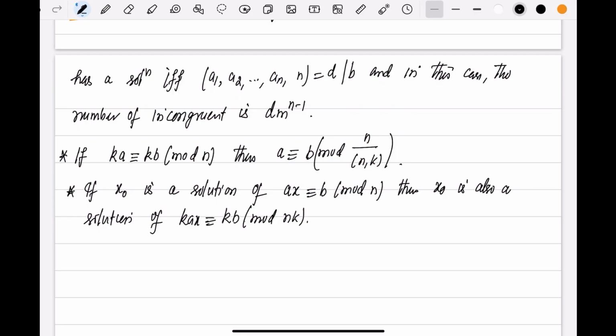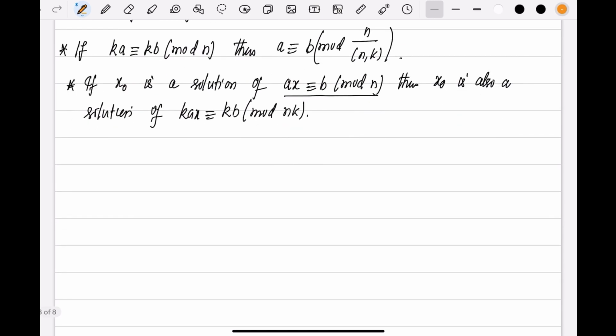So we can multiply by any number k, and the solution of the basic congruence will also be a solution of this new congruence. Okay, now we are ready to solve one exercise.